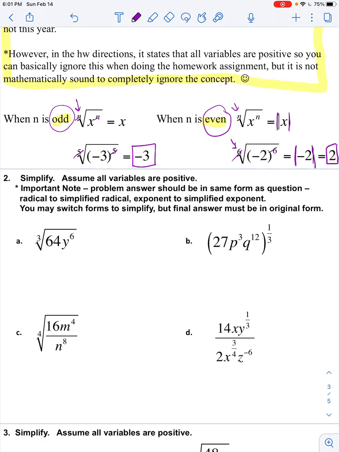So when you go to do these problems and simplify, you have to be cautious and you want to make sure that your answer is in the same form as the question, meaning if the original problem had radicals like A or C, then your answer should be written as a radical.